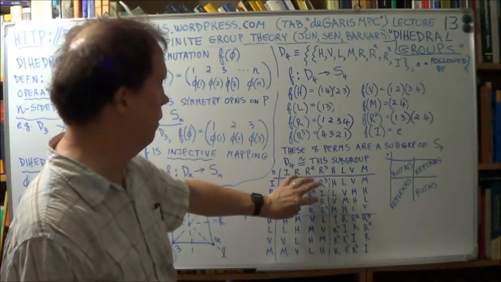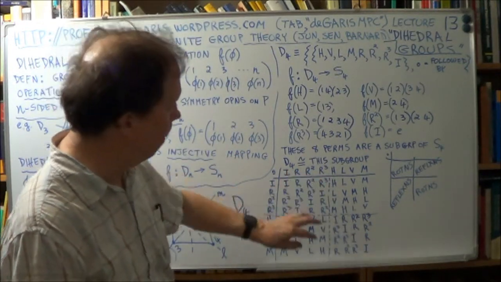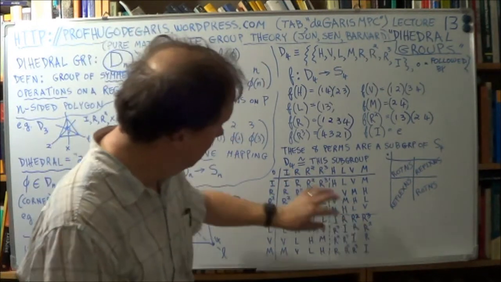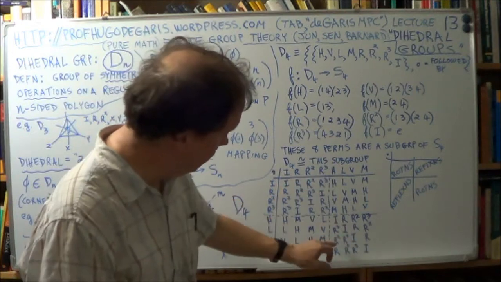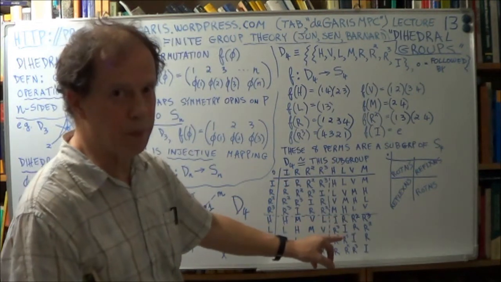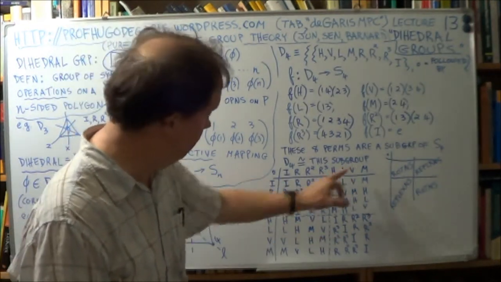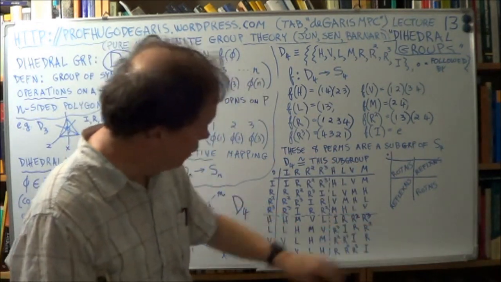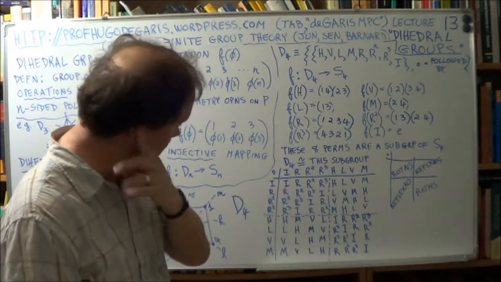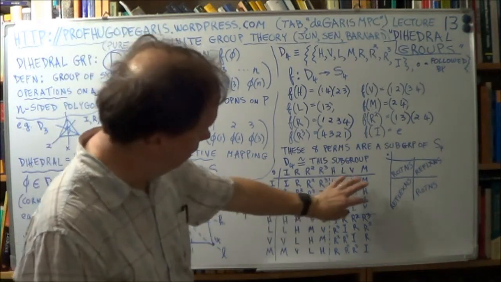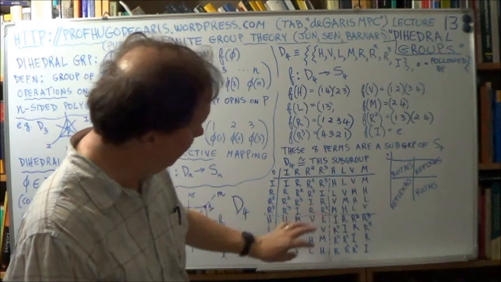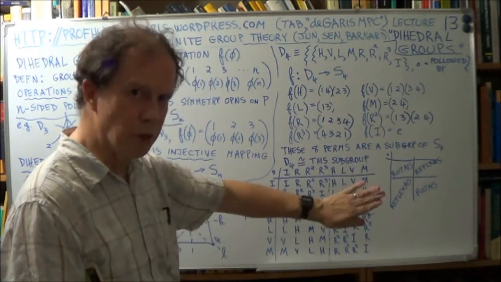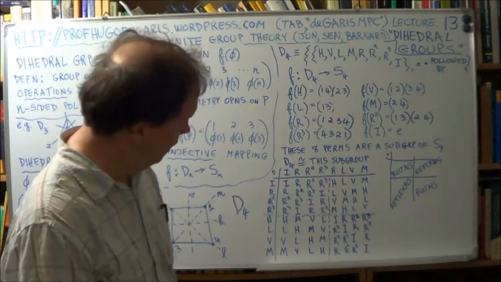So this would be the northwest block, and this is the southeast block. They're both the result of the binary operation of one element here and one here, and they're all rotations. And this block here, the southwest block, and here's the northeast block, these are all reflection type, flip type operations that result.